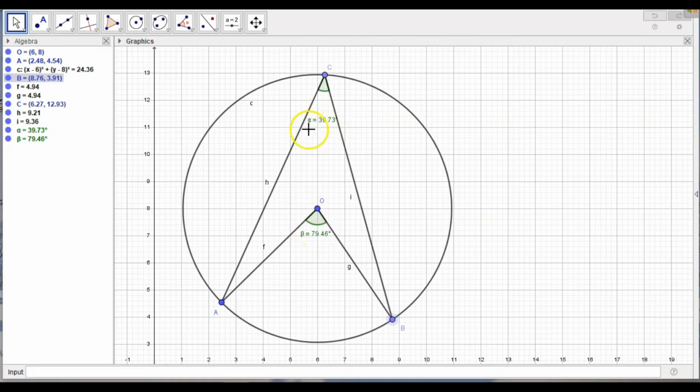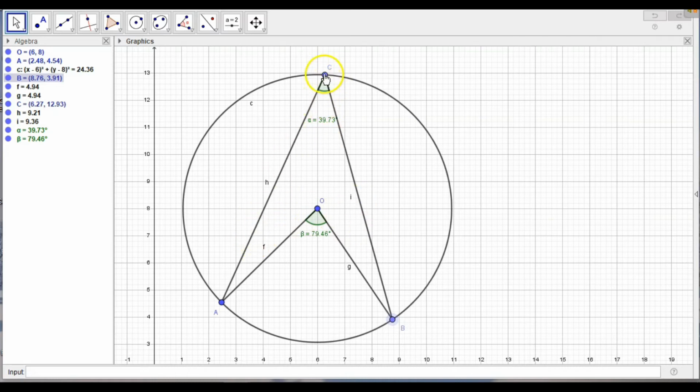Then when you multiply the angle alpha by 2, you get the angle beta, which is 79.46 degrees. Now, as I said, another name I give to this theorem is the arrow theorem. If you look at it carefully, you realize that it looks like an arrow, a pointed arrow.